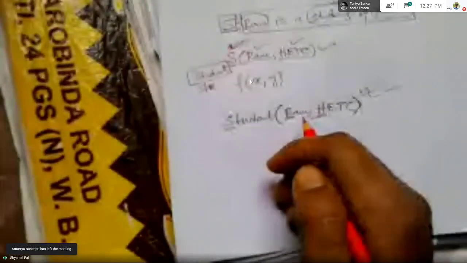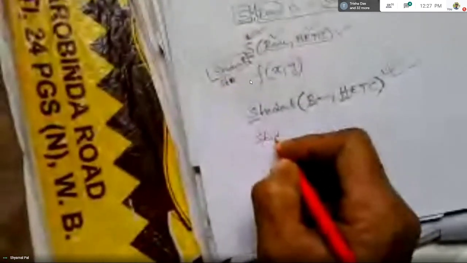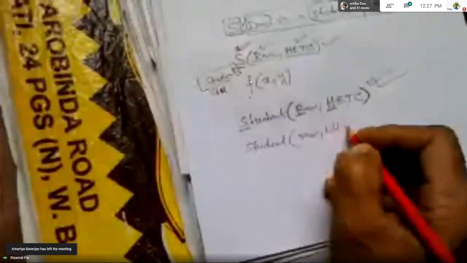Normally the first letters are in capital. Normally these are taken from the statement, but you may represent it in a way like this: student, then Ram, then HGC.